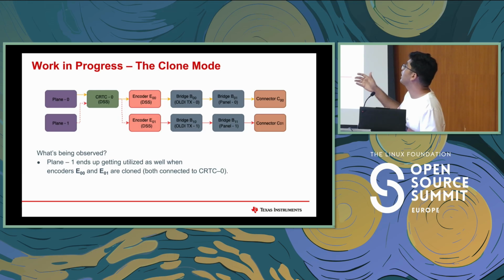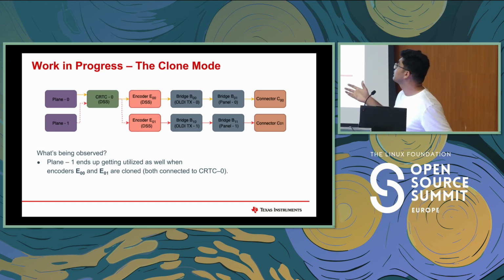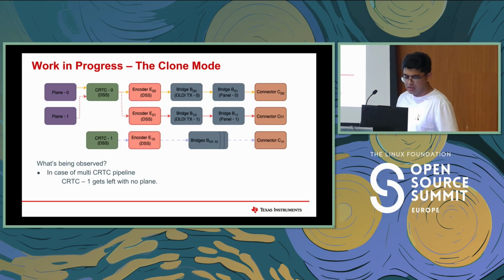We wanted plane 0 and CRTC 0 to be rendering the same video buffer and providing it to two different pipelines because they were in the clone mode. The problem with that was there was another CRTC encoder pipeline which would support connector 10, and this pipeline would then be left with no plane.